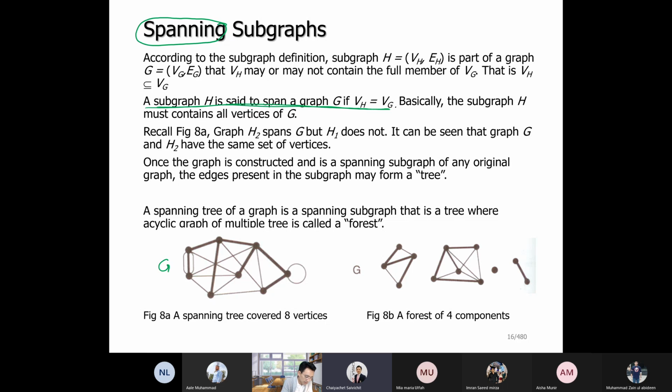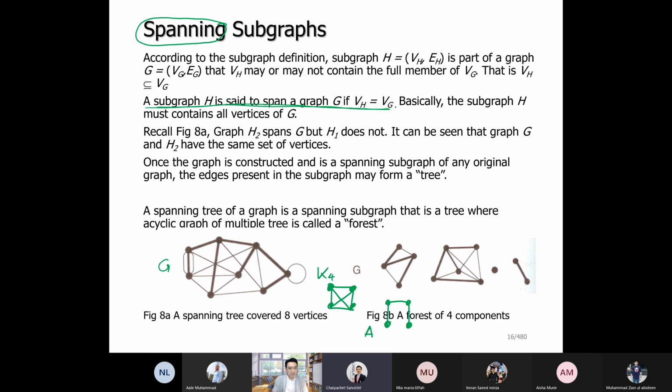If I have this one, this is the original graph, fully connected, K4. If I have this one as subgraph A, this subgraph A is a spanning subgraph of K4 because it covers the 4 vertices of the original graph.